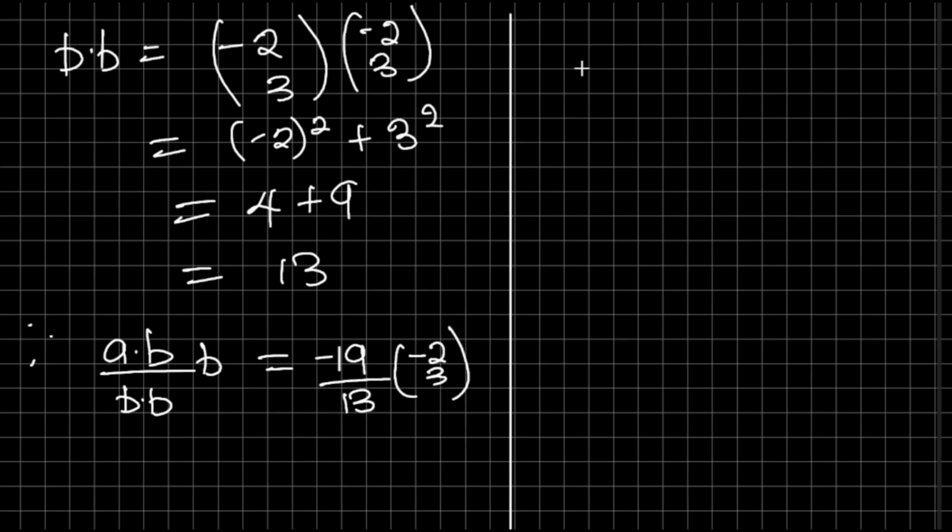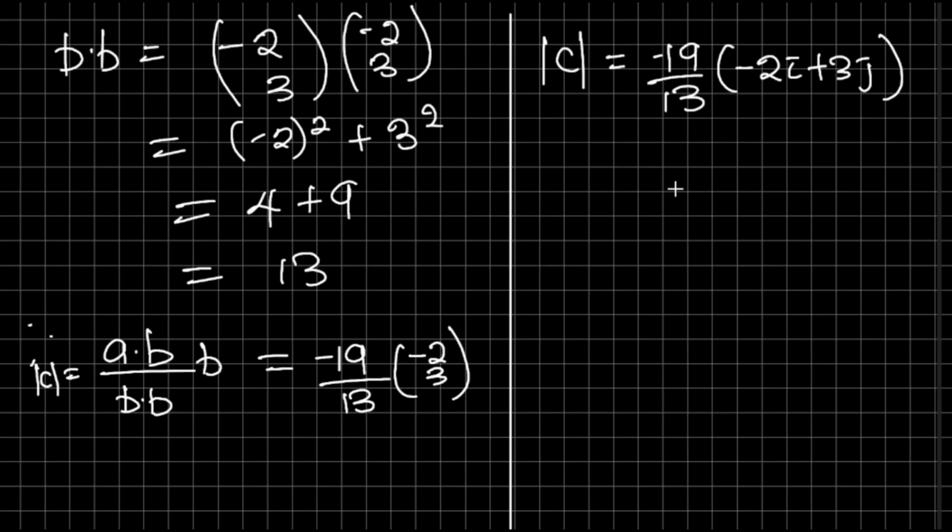So the projection is minus 19 over 13 multiplied by minus 2i plus 3j. So that is the answer.